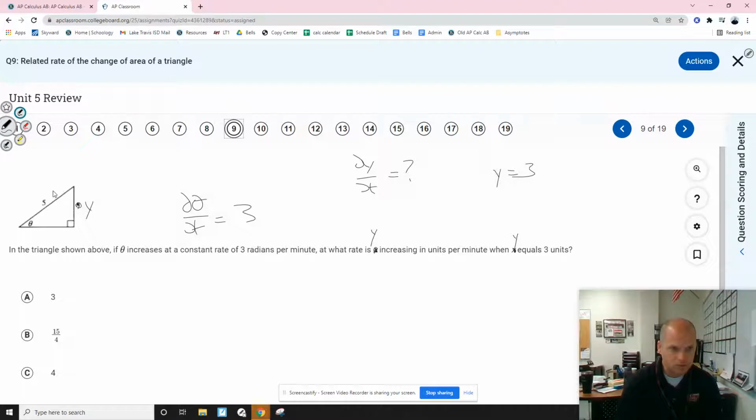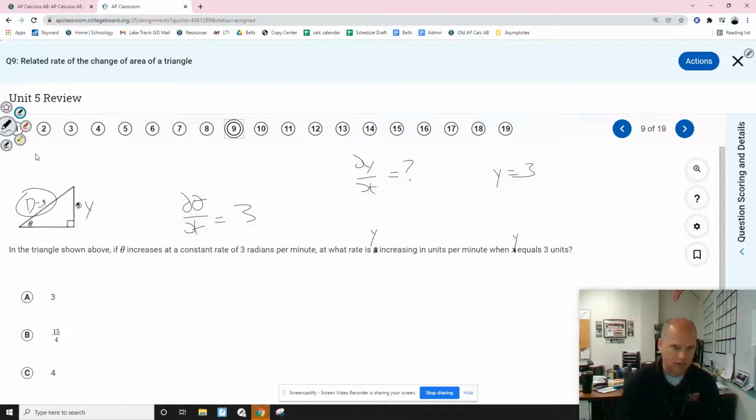There are a lot of assumptions that need to be made. You have to assume that d is not changing. This is like a ladder problem where this length stays 5, but it's not really stated here, which is not great.